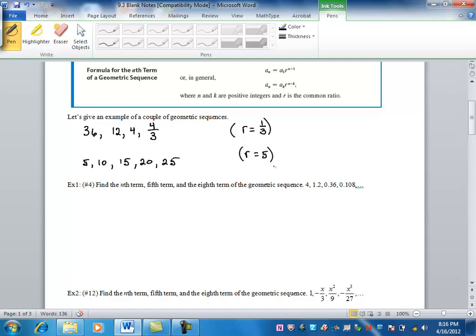So we are asked to find the nth term, the fifth term, and the eighth term of this particular geometric sequence. Well, the formula here that we'll start with, a sub n equals a sub 1 r to the n minus 1. And so in this case we need to find r. Well, let's see. r is a sub 2 divided by a sub 1, so 1.2 divided by 4, and 1.2 divided by 4 is going to be 0.3.